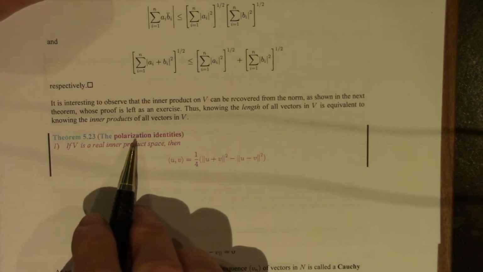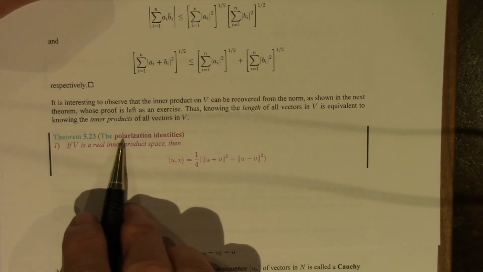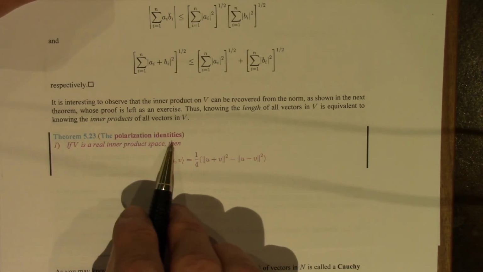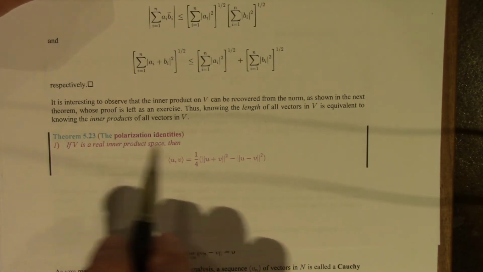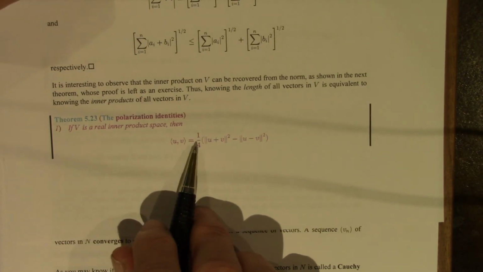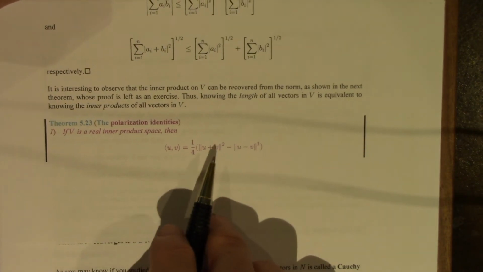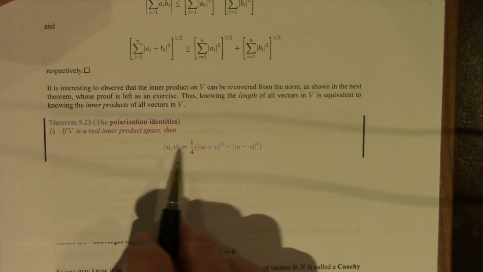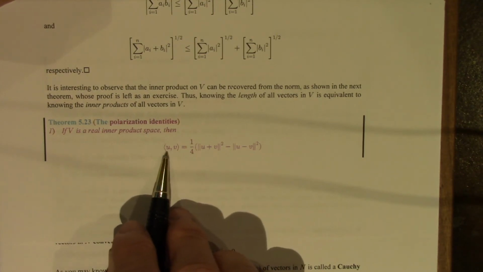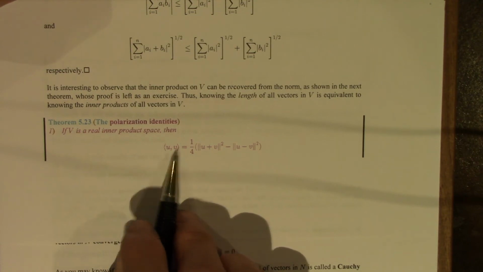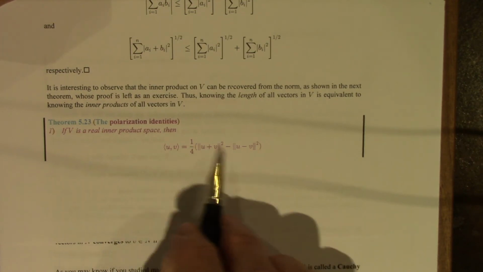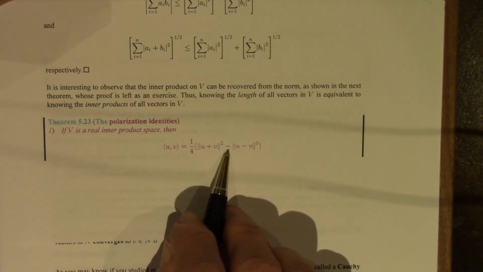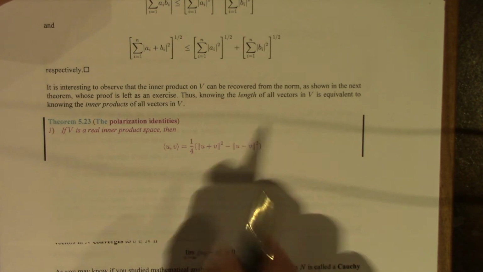The reason this statement is true is that it follows from what are called the polarization identities, and the proof of these is just, again, a brute force computation, so I'm leaving it for you. If V is a real inner product space, then the inner product of u and v is 1/4 the quantity norm of u plus v squared minus norm of u minus v squared.